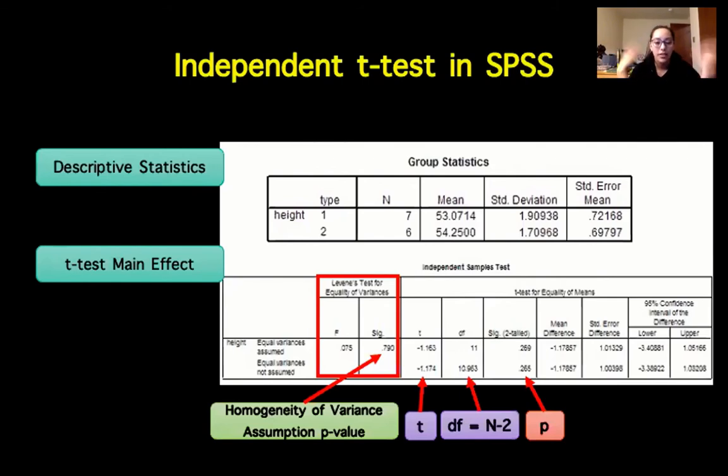So I might just do a mixture this semester where I give you some outputs and then other tests you actually have to run. Okay. Yeah, pretty much. All right.